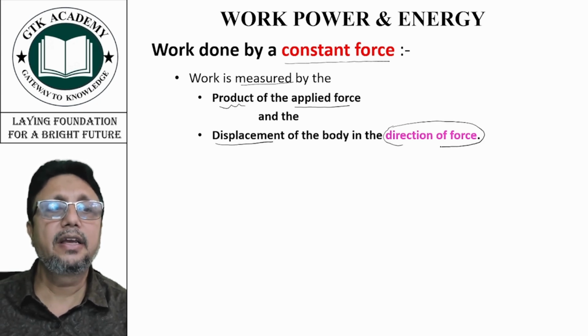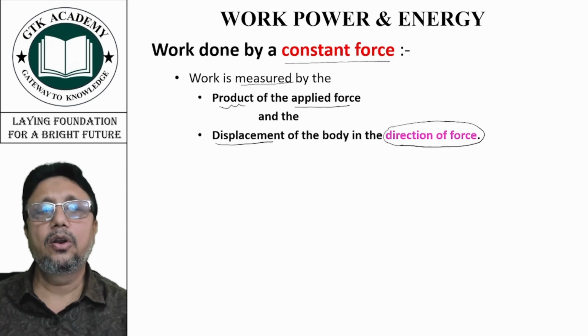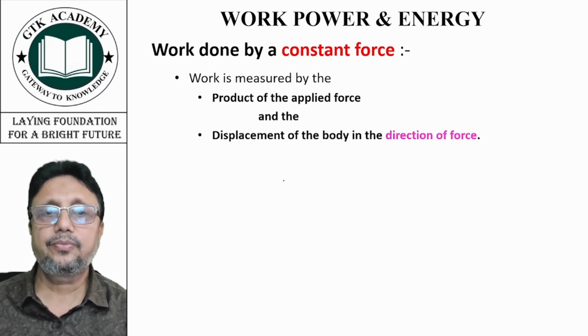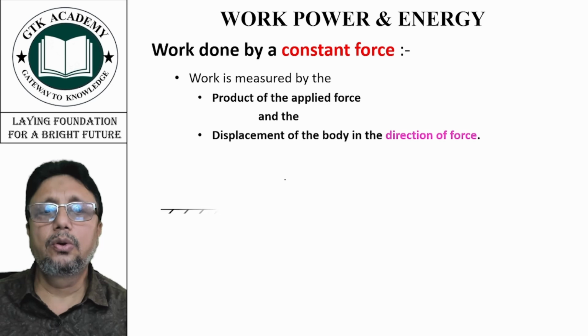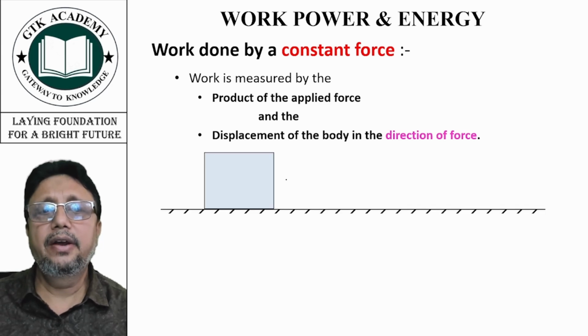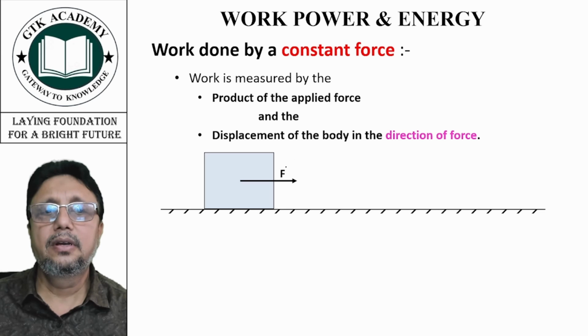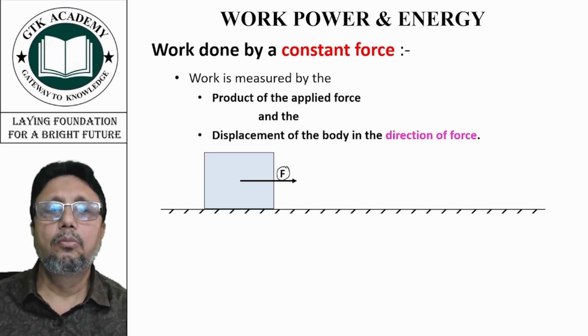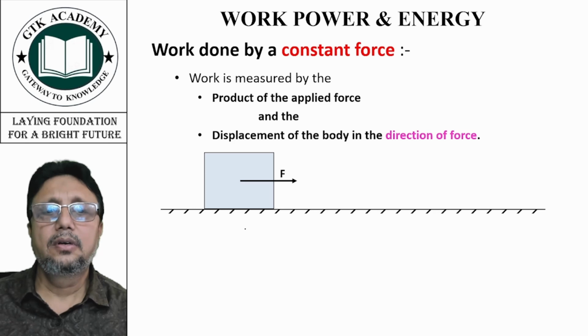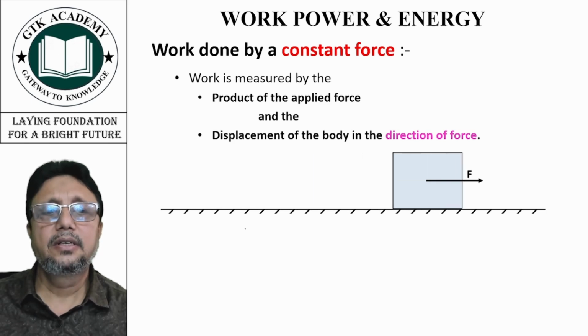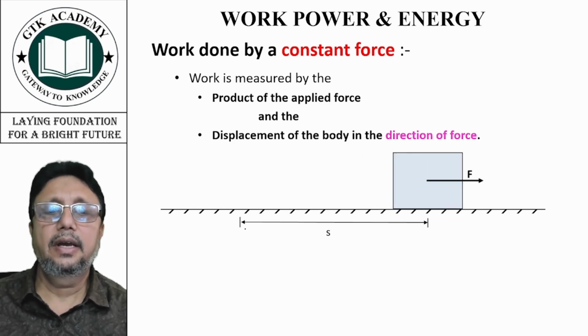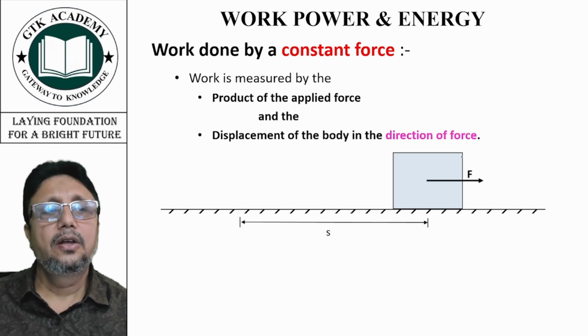I am again reiterating, please clear all your basic concepts here. So, if you have a body here and you apply a force F here, and this body moves by a distance S, now what will be the work done by this force?